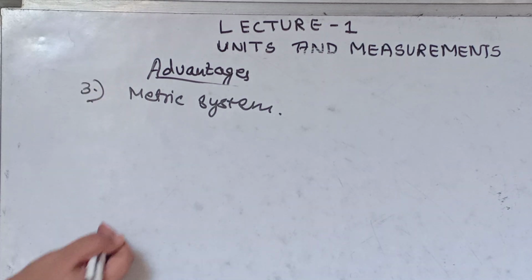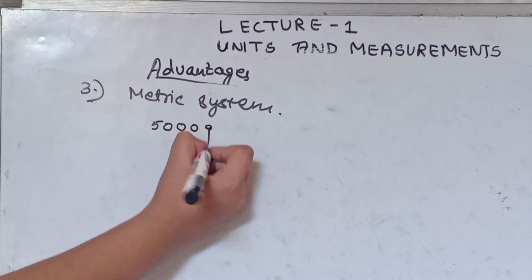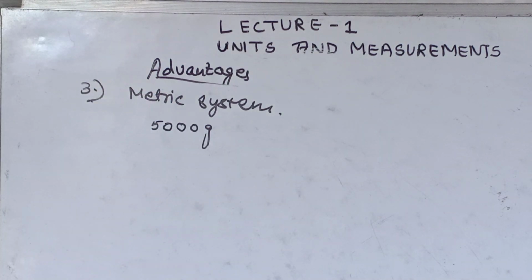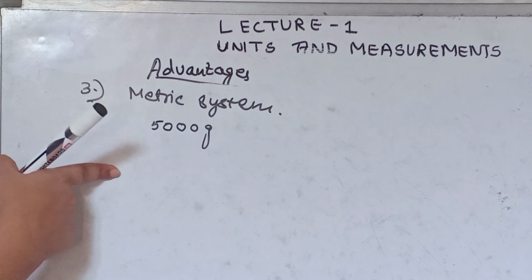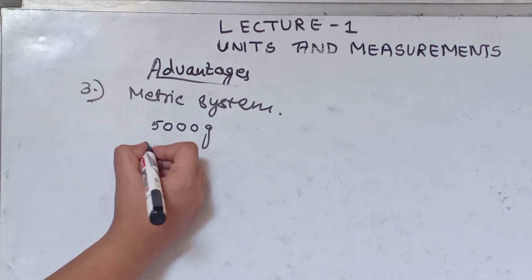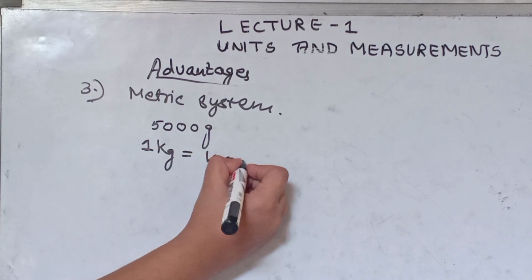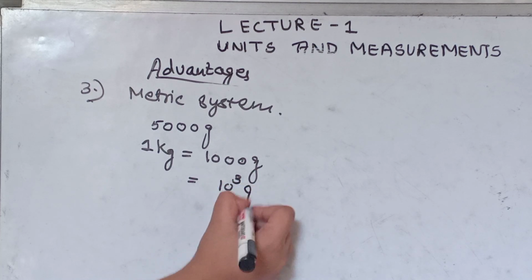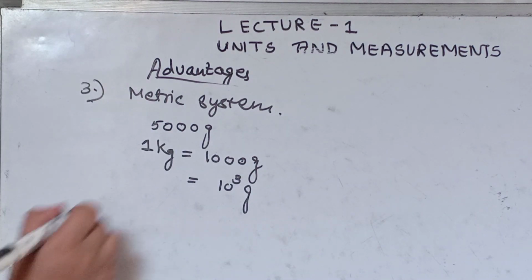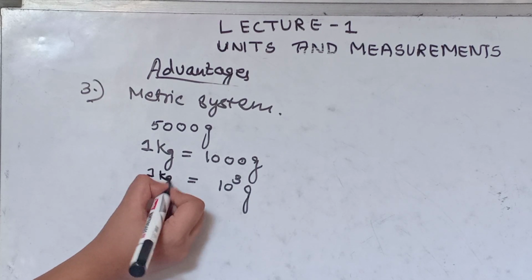For example, we have a quantity which has a measure of say 5000 grams. Now we have to convert it into kg because we are measuring in SI system of units. We know that 1 kg is equal to 1000 grams, that is 10 raised to power 3 gram.